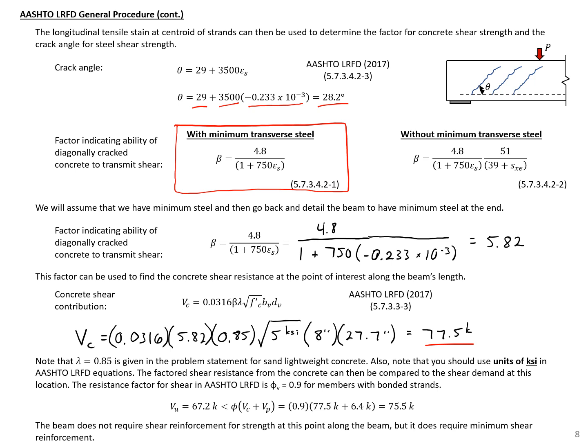So we have our VC, and we can add in our VP, and we can see our total factored shear resistance so far, not counting in any steel shear reinforcement. So for AASHTO, our resistance factor is 0.9 for shear for members with bonded strands. So here we have pre-tension bonded strands, so we can use a factor of 0.9.